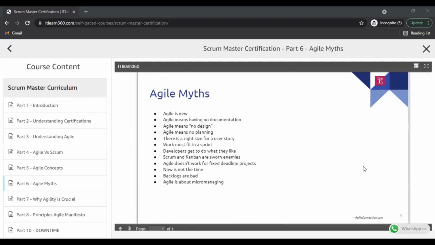Next myth of agile: Scrum and Kanban are sworn enemies. Some individuals get a lot of eyeballs by saying that Scrum and Kanban are enemies. A cynic might even say the marketing efforts behind both methods might view the image of competition as a useful publicity tool.